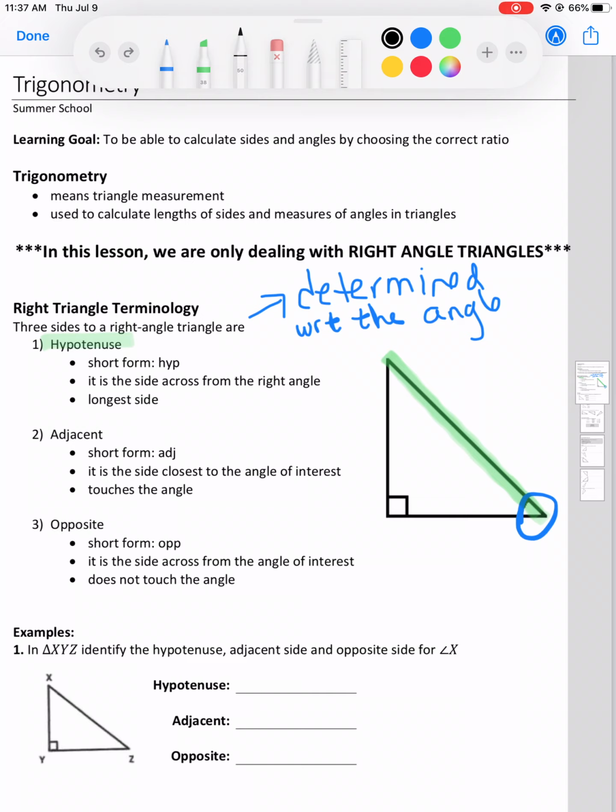The adjacent side is the side that is closest to the angle of interest, and it also touches the angle of interest. So this is the adjacent side with respect to that angle. Adjacent means it's actually touching it.